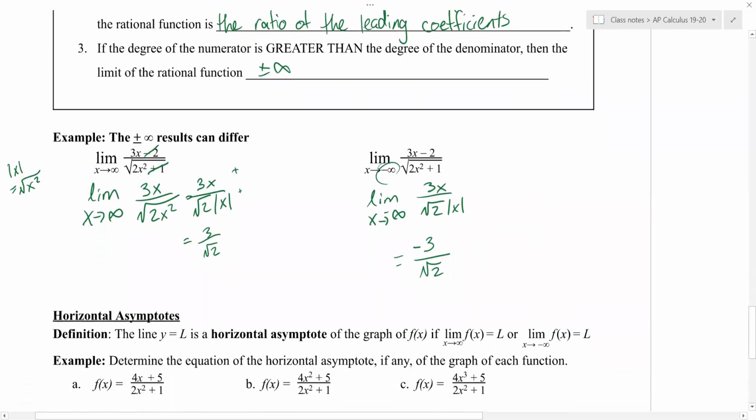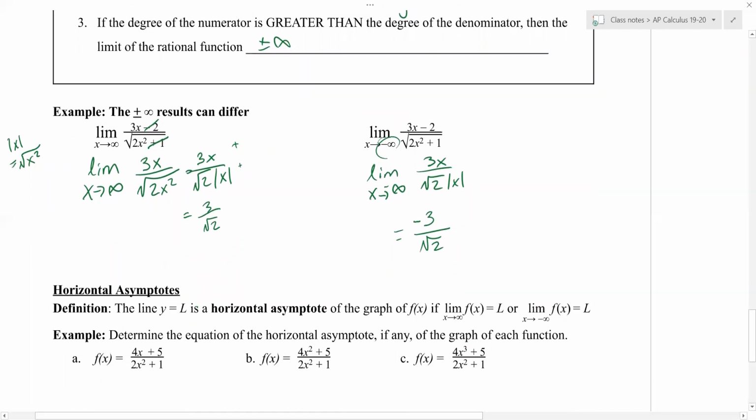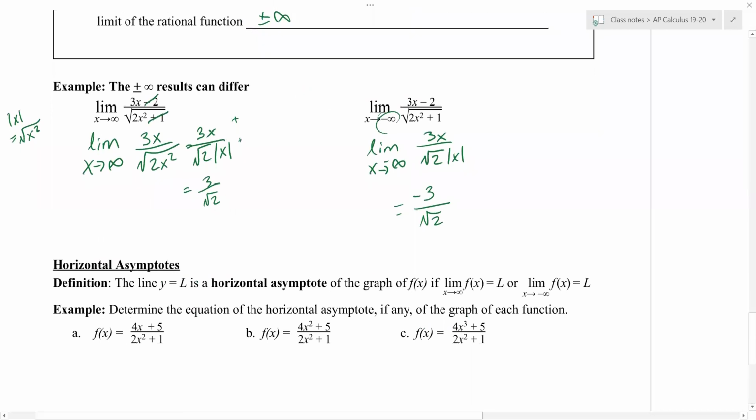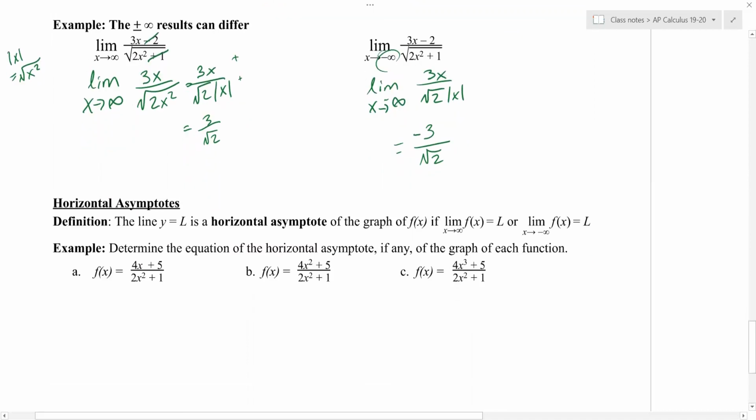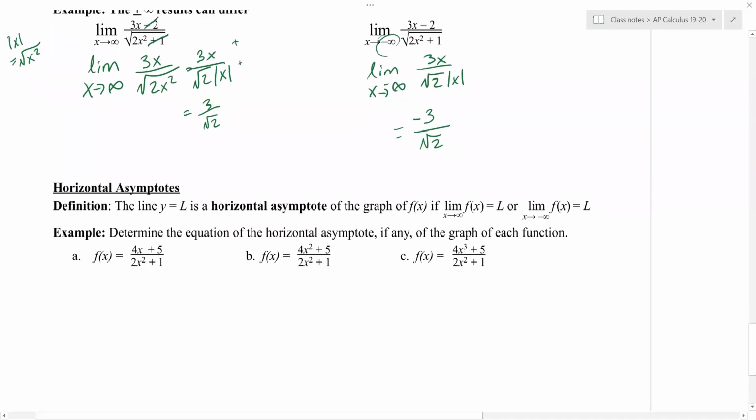Now the reason why we do limits at infinity is that it helps us find horizontal asymptotes. So the line y equals L is a horizontal asymptote of the graph of f of x if the limit as x approaches infinity or negative infinity of f of x is L. So let's find some horizontal asymptotes here. Using our rules above, we can see the denominator has a bigger degree than the numerator.